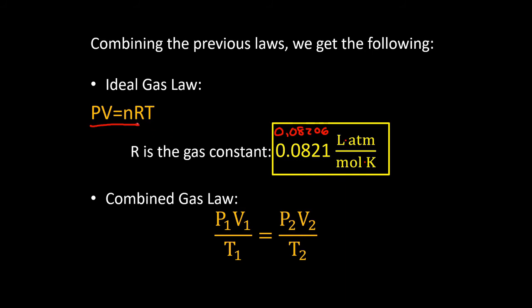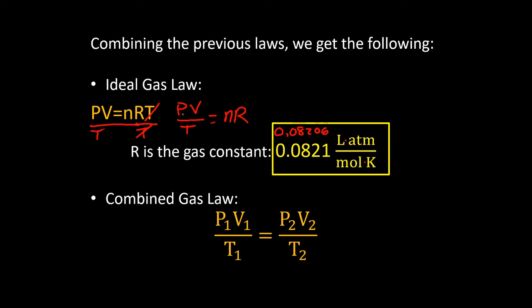If we divide both sides by T, so that the temperature here goes away, then we would have P times V divided by the temperature is equal to a number of moles times a constant. And so if we are holding the number of moles constant, then all of this is actually just a constant.